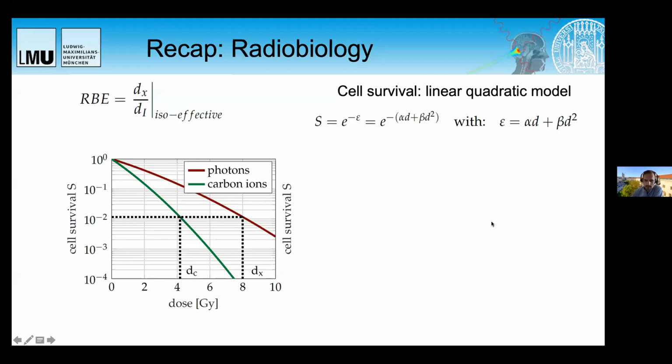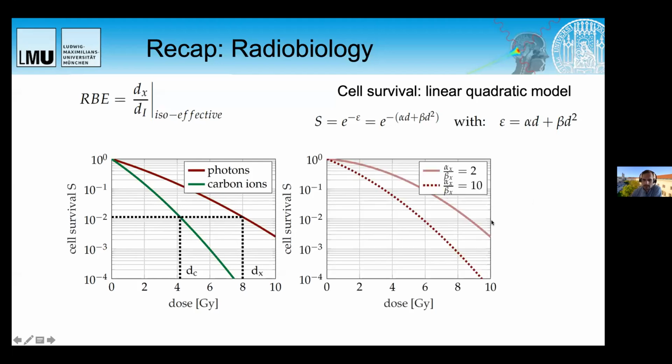What's also important to keep in mind, as has already been pointed out, is that there are different tissue types, and different tissue types possess different radiosensitivities. In the photon world, in this synthetic example, we might have an alpha-beta ratio of 2 and 10, which are characterized by these 2 lines. In this case, the alpha-beta ratio of 10 is more sensitive to radiation than the alpha-beta ratio of 2.